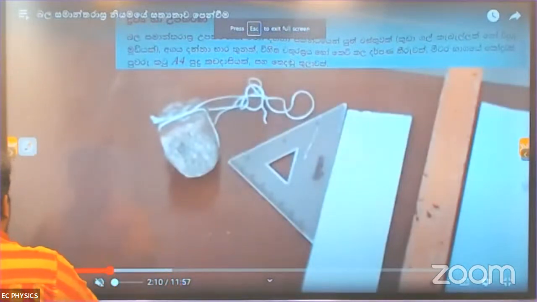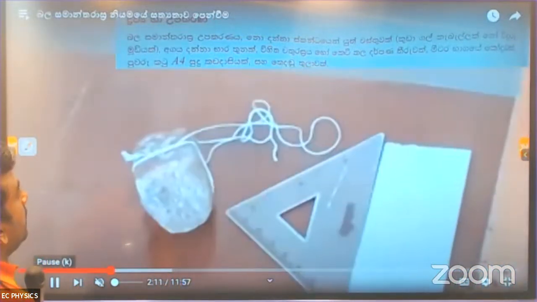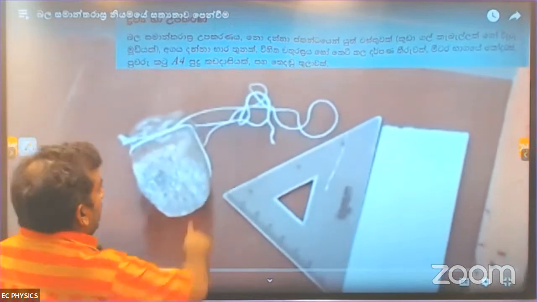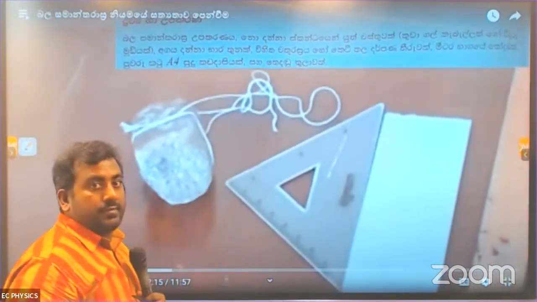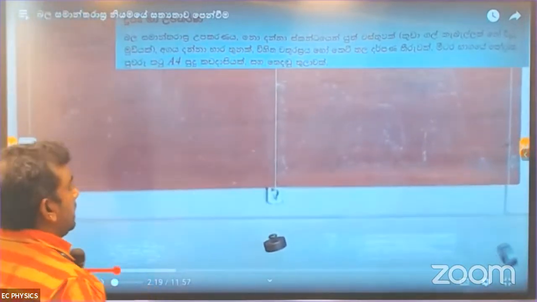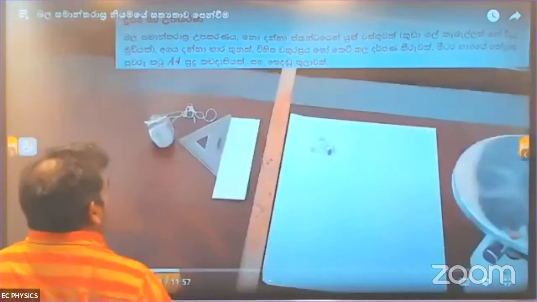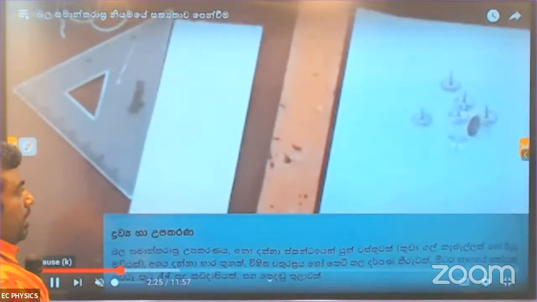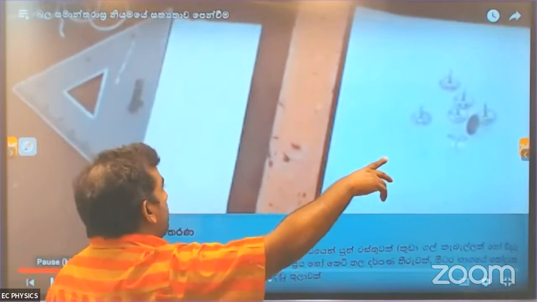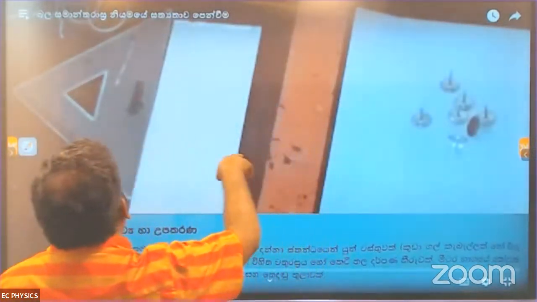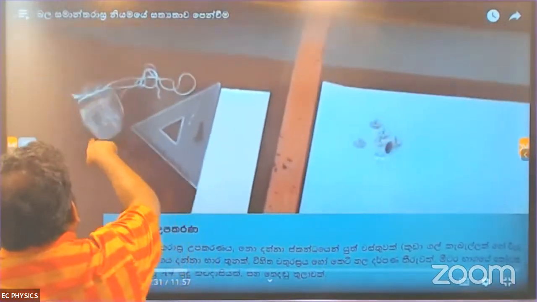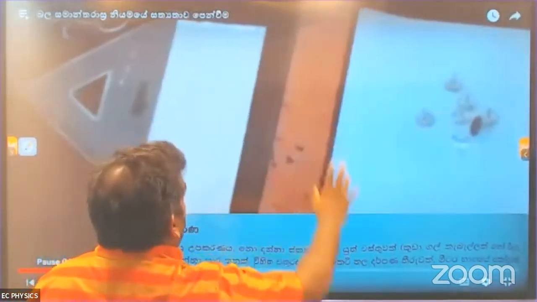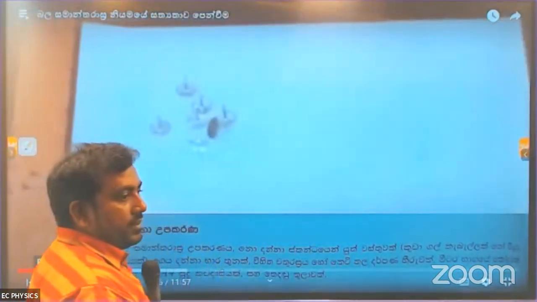There you go. So that's the unknown weight. So you can put a known weight here even. Whatever you need: drawing pins, white sheet of paper, ruler, set square, unknown weight, stone, glass topper, whatever you want, you can put it there.